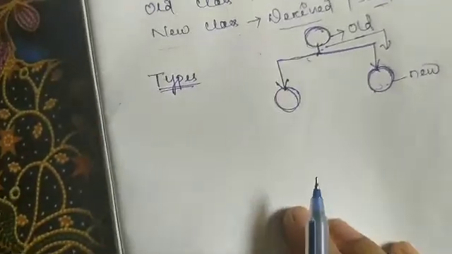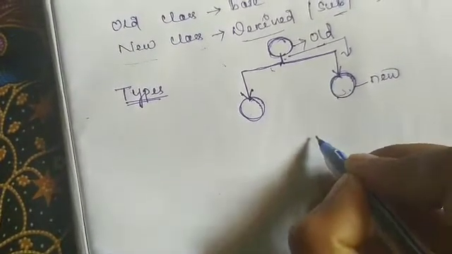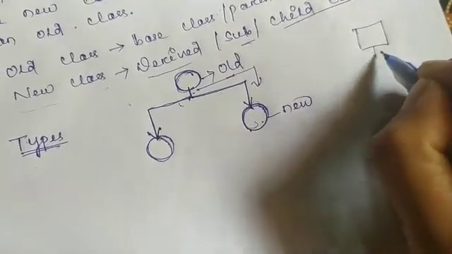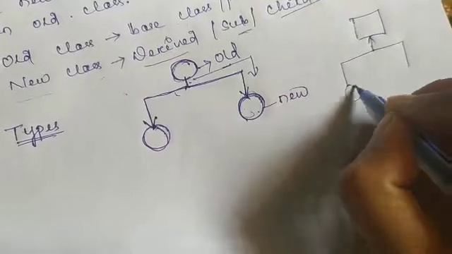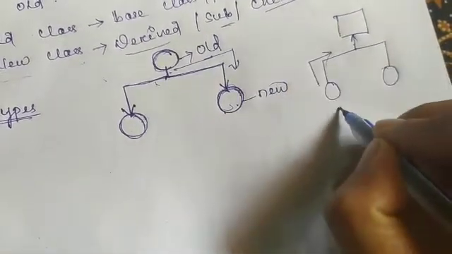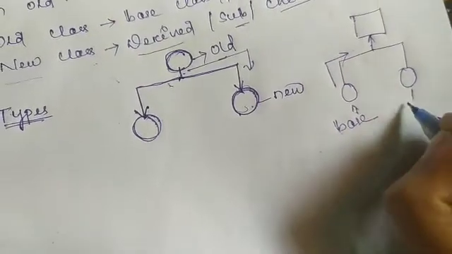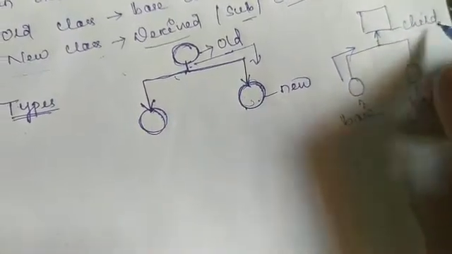Sometimes the arrow mark may be like this, which means these are the base classes and this is the child class.